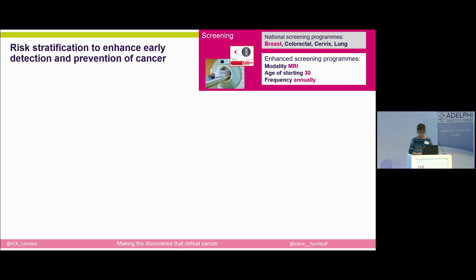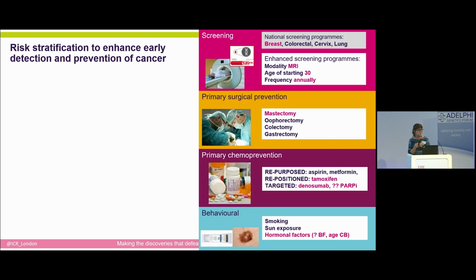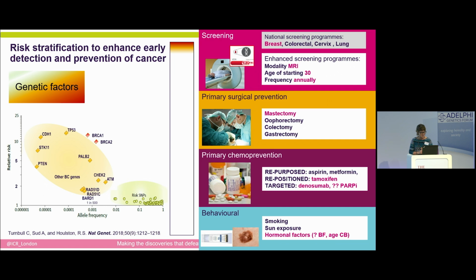There are other interventions on top of screening, or as an alternative to screening, that we can offer patients we deem at high risk. We can offer risk-reducing surgery, in particular mastectomy, to mitigate the risk of breast cancer. We can offer chemoprevention, and there are agents that we use for those at high risk of breast cancer. And we can advise behavioural interventions.